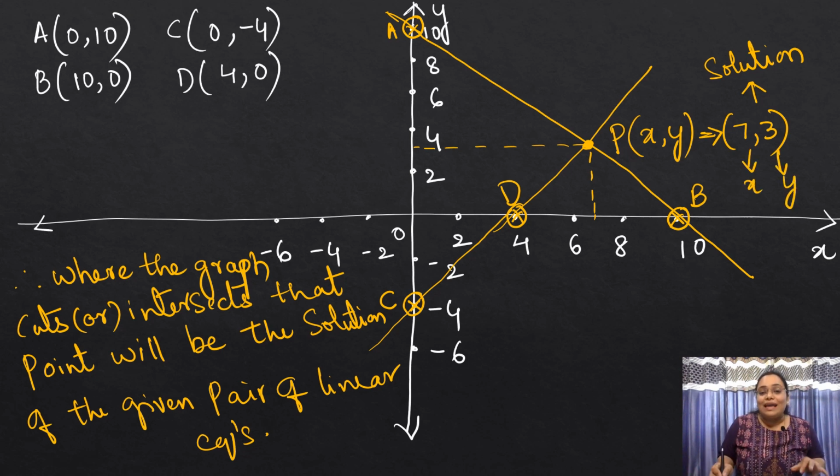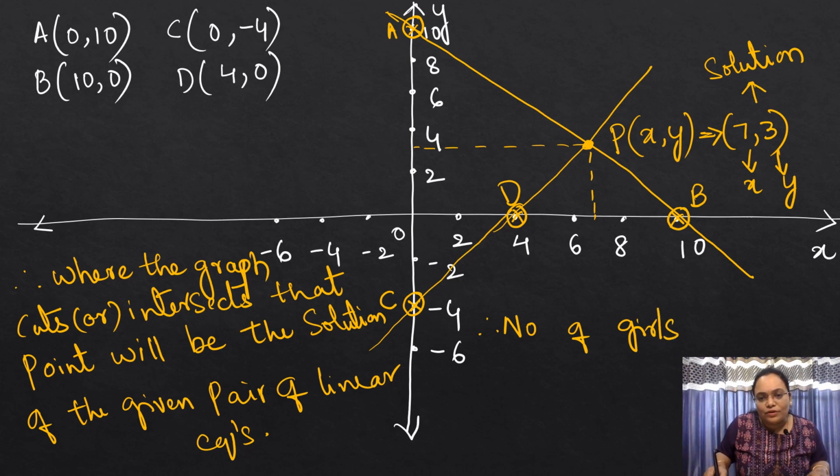We have assumed x as the number of girls, so the number of girls x is equal to 7 and the number of boys y is equal to 3.